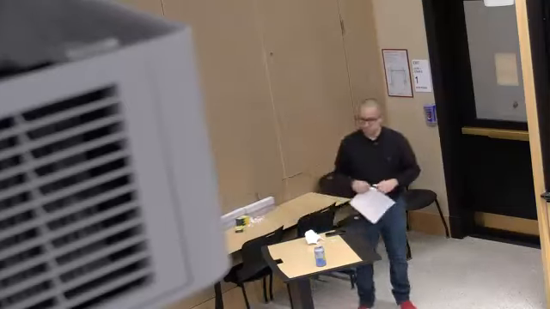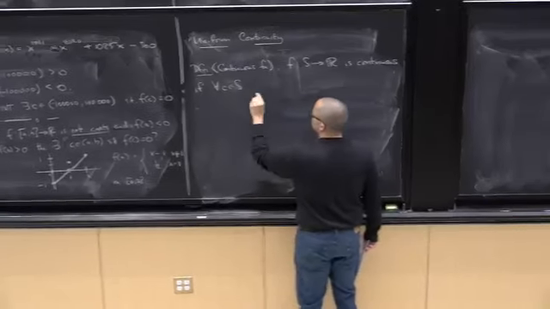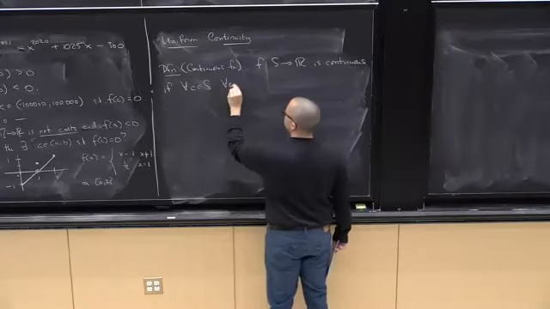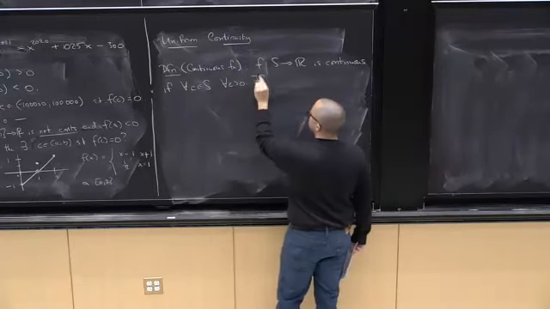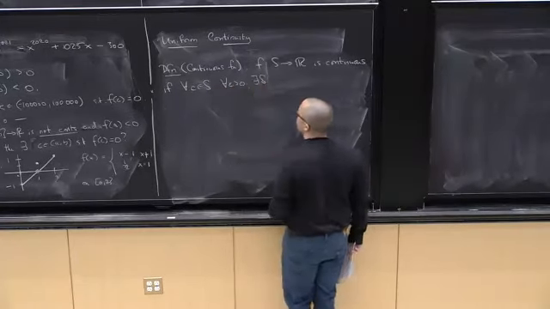So the function f from a set S to R is continuous. We said that means it's continuous at every point, meaning for all c in S, it's continuous at c, which means for all epsilon positive, there exists a delta.